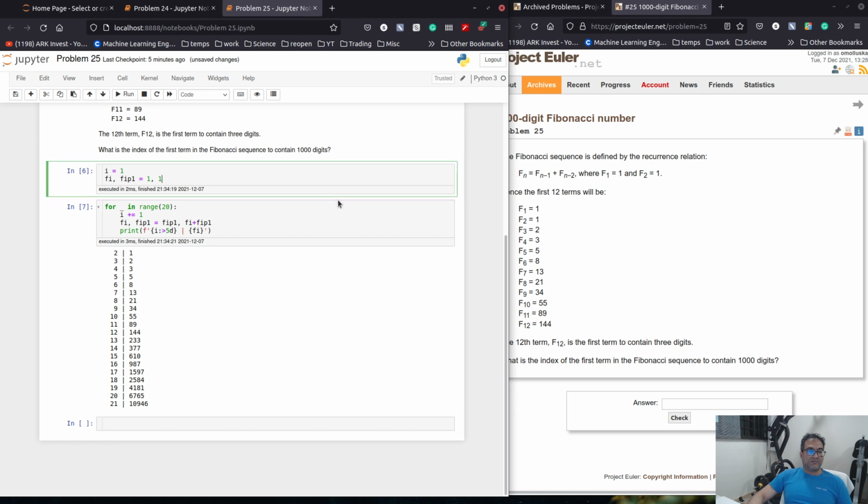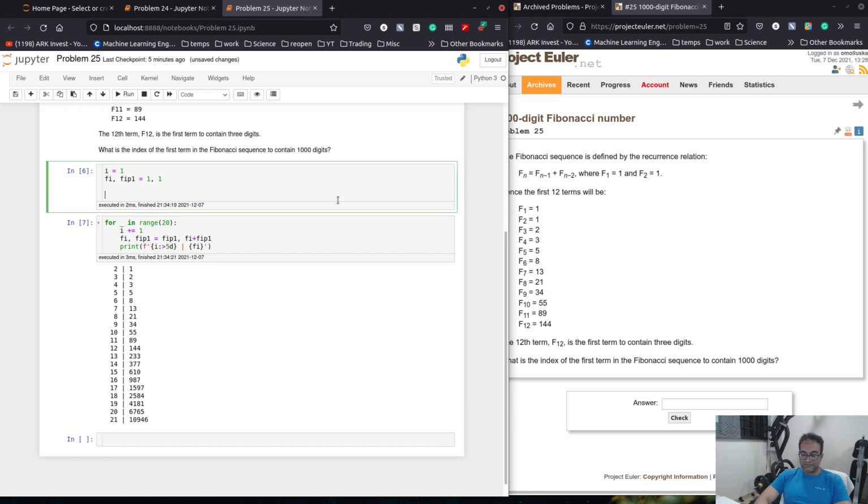To stop equals 3 digits, so we will look at 3 first.